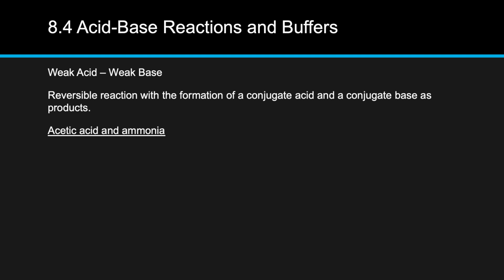So we have acetic acid, which is CH3COOH. And then we have ammonia, which is NH3. NH3 is a base that's going to accept a proton. This is going to end up being NH4 plus.